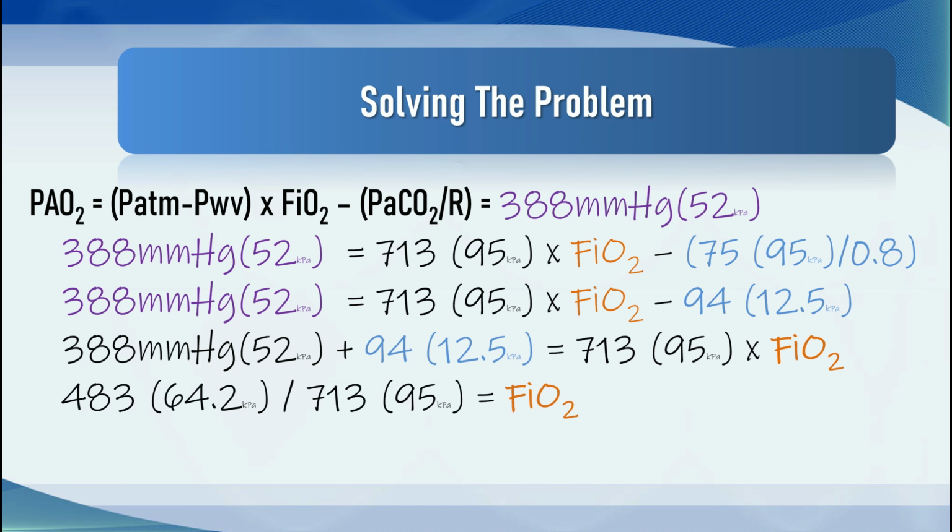Rearranging again, we have 483, that's 388 plus 94, divided by 713, and that will be the FiO2. You can calculate this out yourself, but the result is 0.68, 68%. That is not an awful lot higher than the FiO2 you were giving the patient originally, which was 60%.